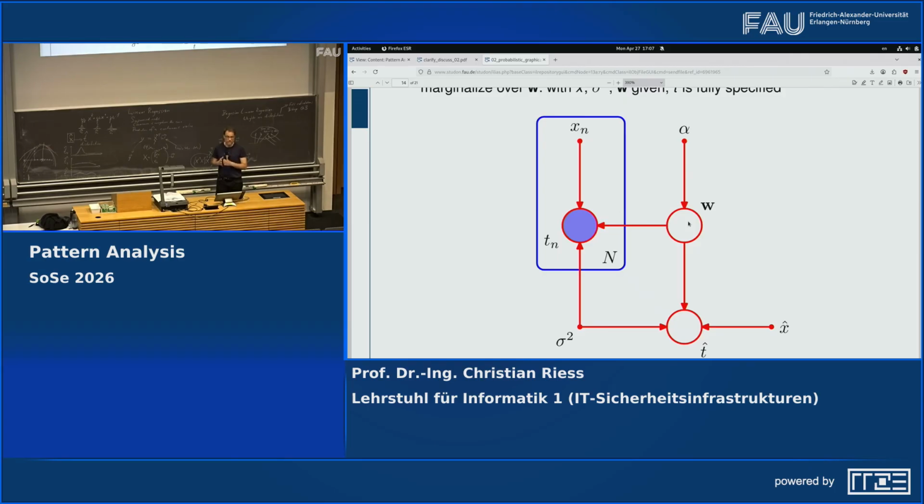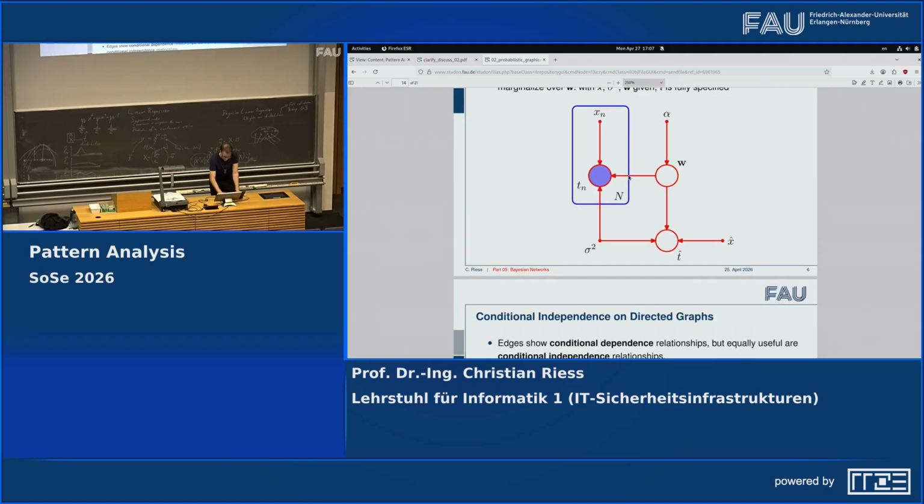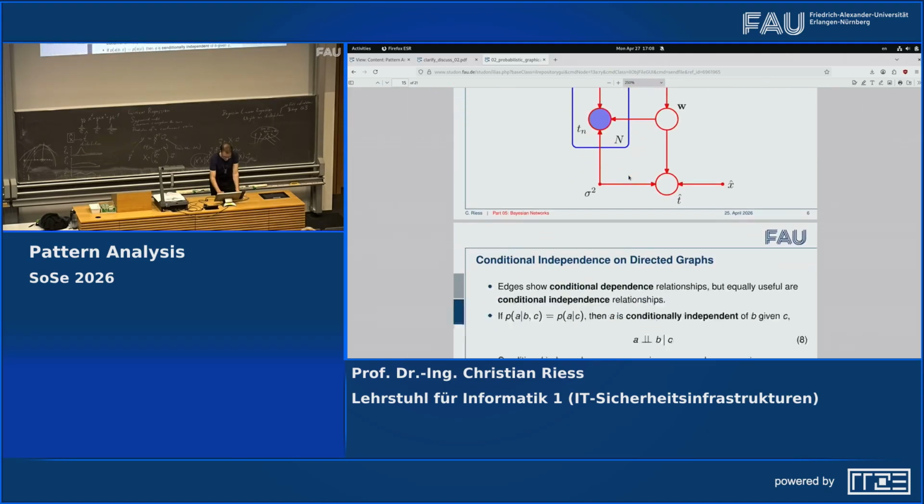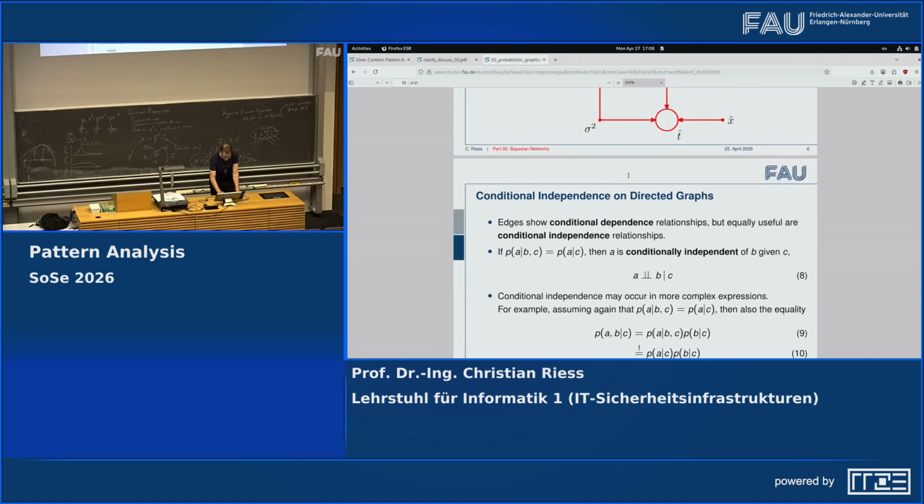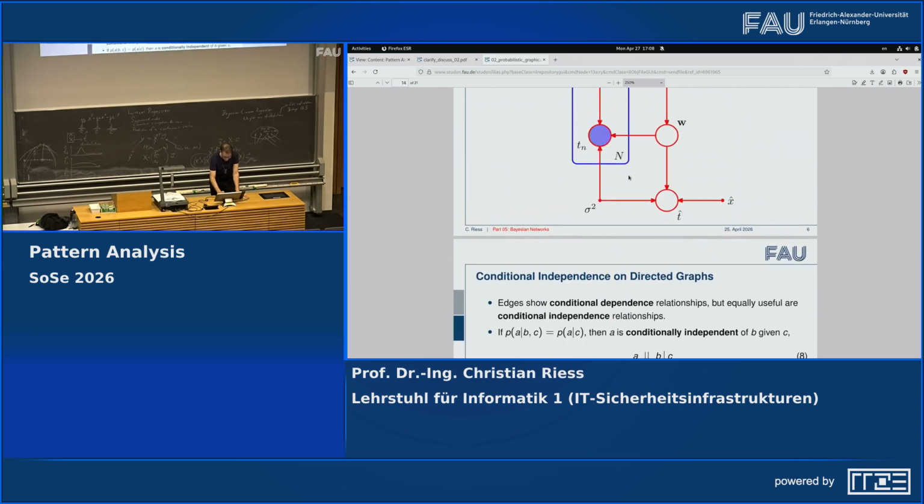Shall we move on? So we talked about this conditional independence. It's already here, more or less in view. We had this notion of observed variables and unobserved variables.